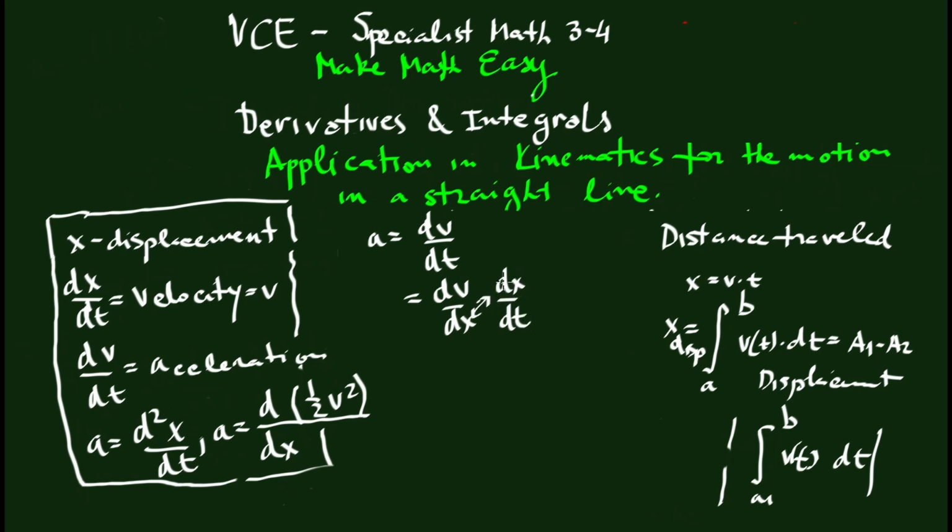So dt can be crossed out, so we just extended it. dx by dt is v. Basically what we have, write it first, is v times dv by dx. Now let's try to write this v as a derivative of something. Obviously the derivative of v squared divided by 2 with respect to v is v, and we have dv by dx.